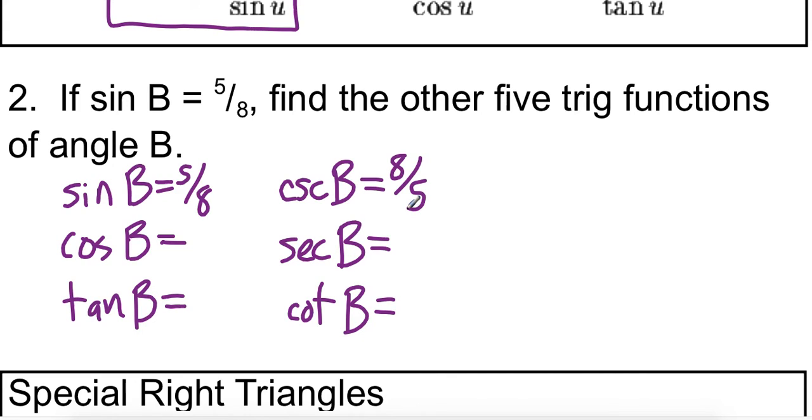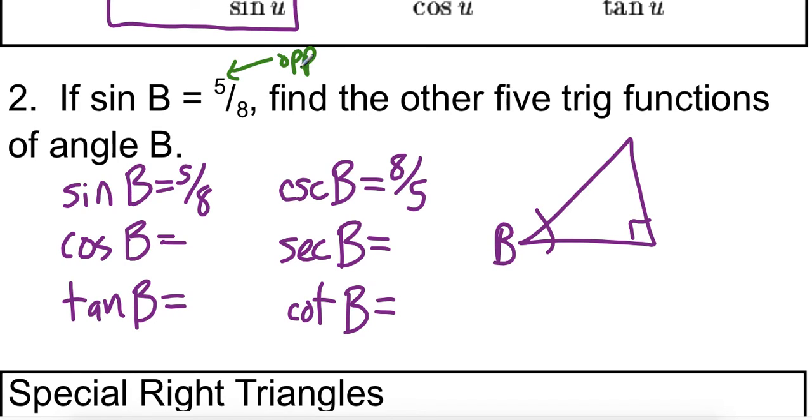For the rest of them, I'm going to need to draw this triangle. It doesn't really matter what the triangle looks like. It's a right triangle, and it has an angle B somewhere. We know that sine is 5/8, so that means the opposite side is 5, and the hypotenuse is 8. Now, in order to find the other 4 trig functions, we need that third side.